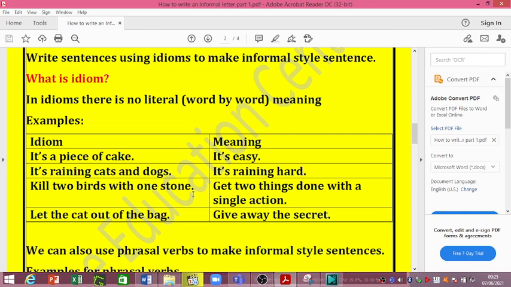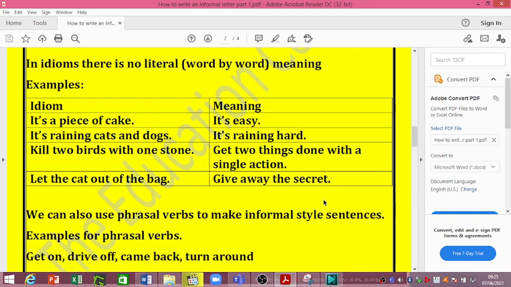The meaning of this one is to get two things done with a single action. Let the cat out of the bag. That means give away the secret. Now these are called idioms. When you use idioms, there is no word by word meaning, which is called literal meaning.